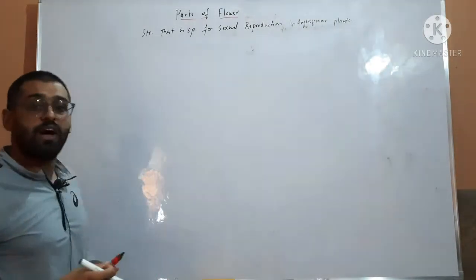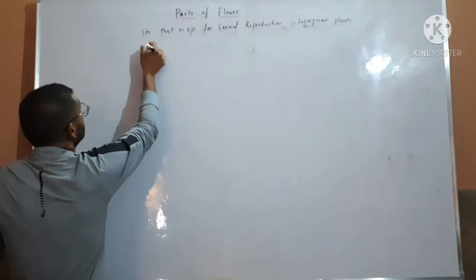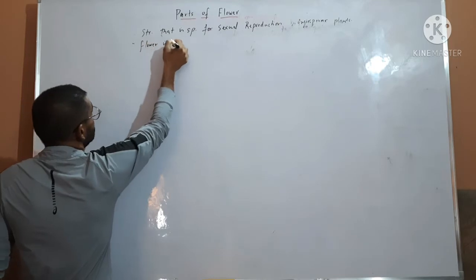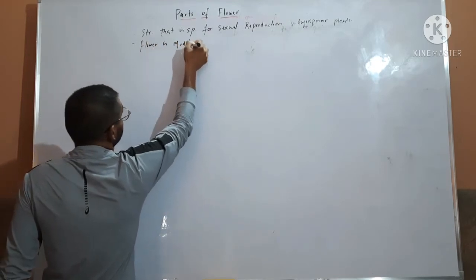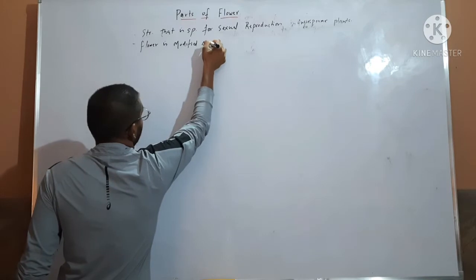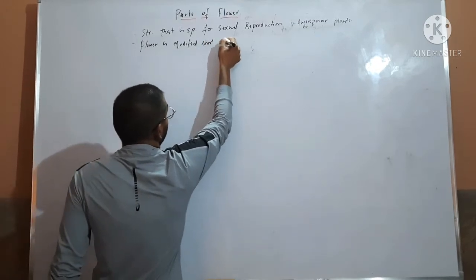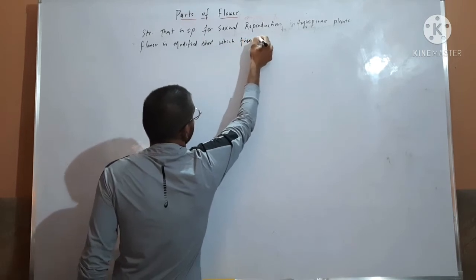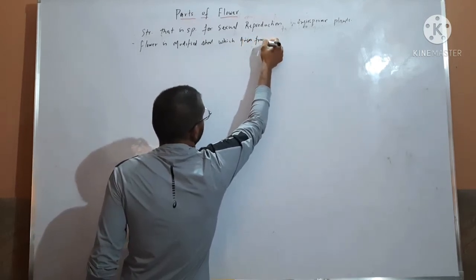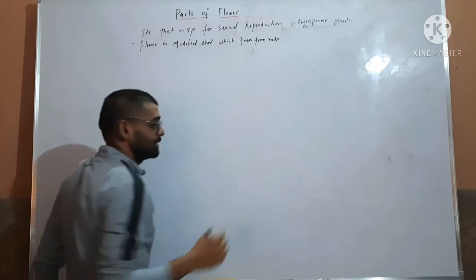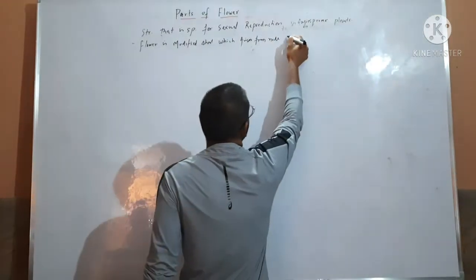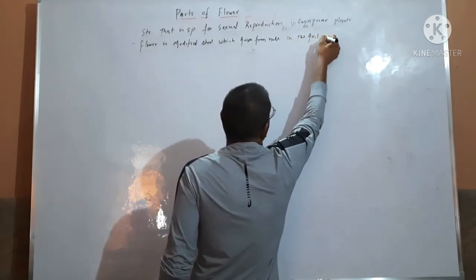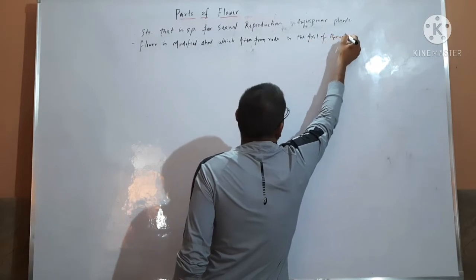So from where does a flower arise? A flower is a modified shoot which arises from a node in the axil of a bract.